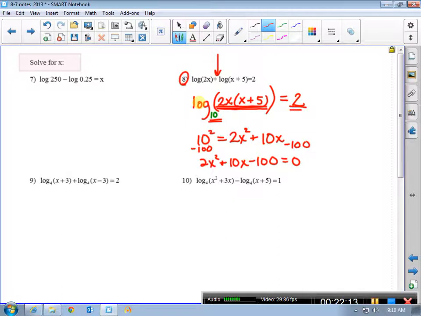Looks like I can divide everything by 2. So 2 quantity x squared plus 5x minus 50. And I need to solve the quadratic x squared plus 5x minus 50 equals 0.